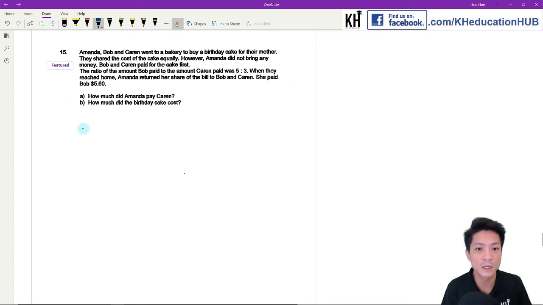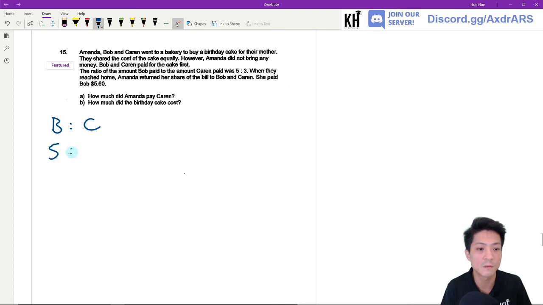Let's write down the ratio of B to C first, which is 5:3, right? Basically Bob and Karen paid for the whole cake, which means the cake costs 8 units. But the problem is these 8 units are to be shared among 3 people.